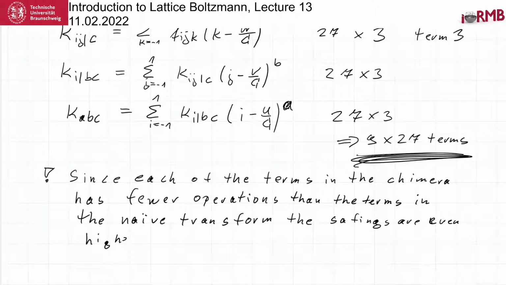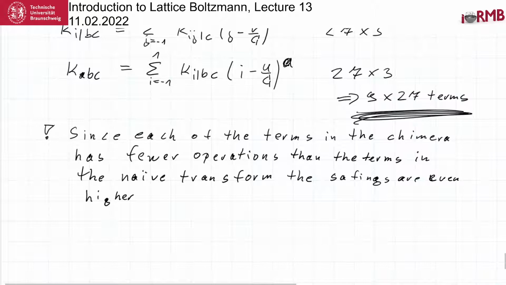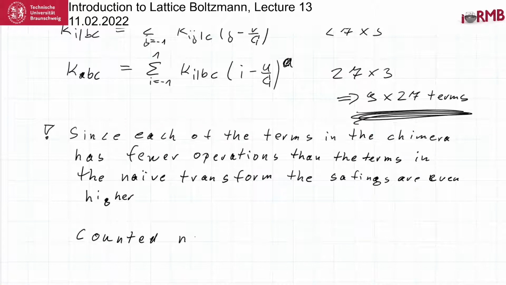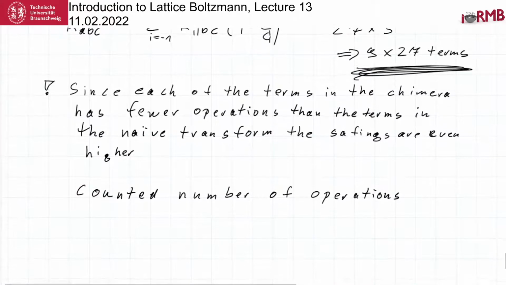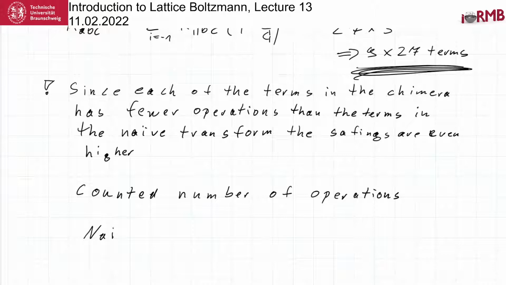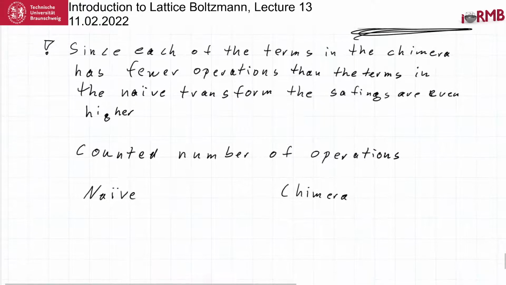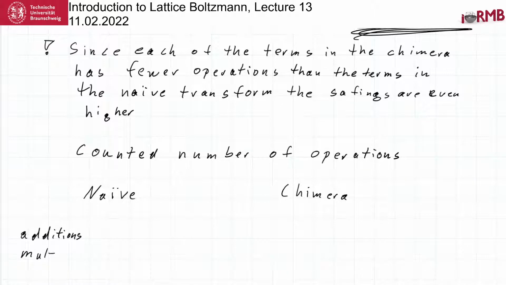Because it is a bit complicated, what we did is we used a computer algebra system, implemented this transformation, and counted the operations. So we counted the operations, we used the naive form and we used the Chimera form. And we counted how many additions and how many multiplications we had.